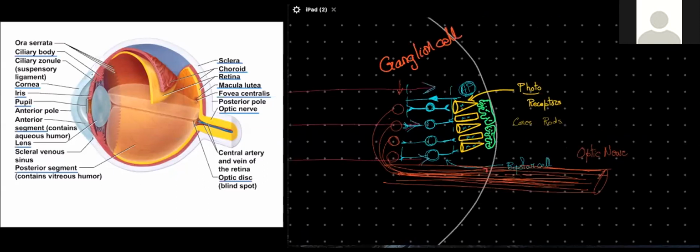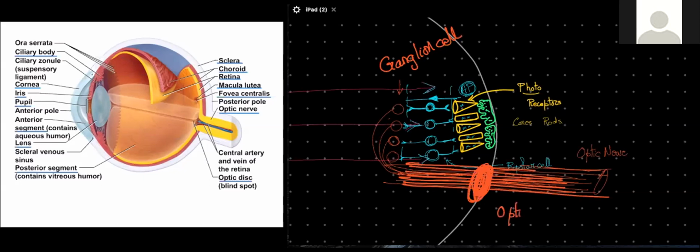So this part in my retina doesn't have photoreceptors. It's only formed of the axons coming from the ganglion cells. We call this region in the retina, this is my optic disc.